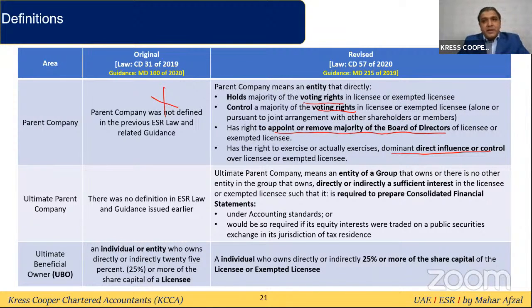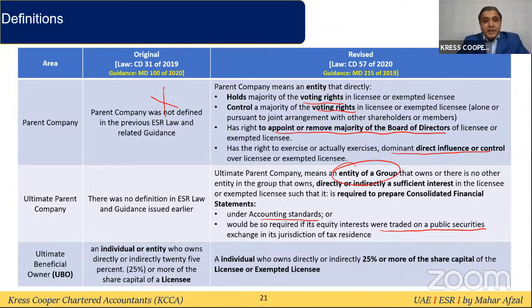The ultimate parent company has been defined as well. This means an entity of a group which is required to prepare the consolidated financial statement under the accounting standards, or which is required to do so as a company trading on a public securities market. So these are the requirements, and the ultimate parent company has been defined as well.